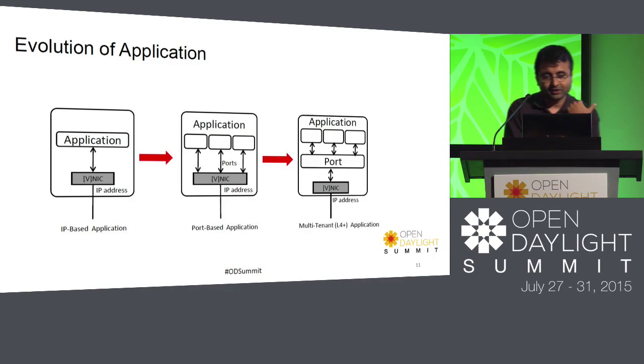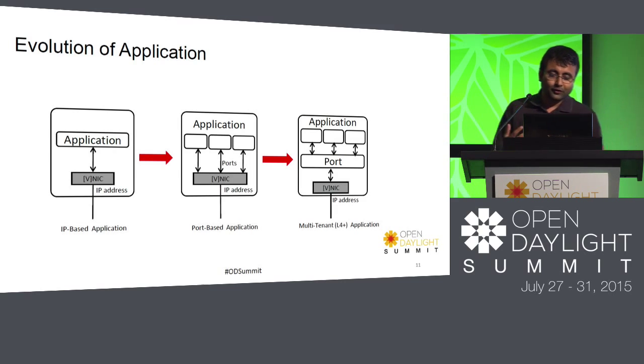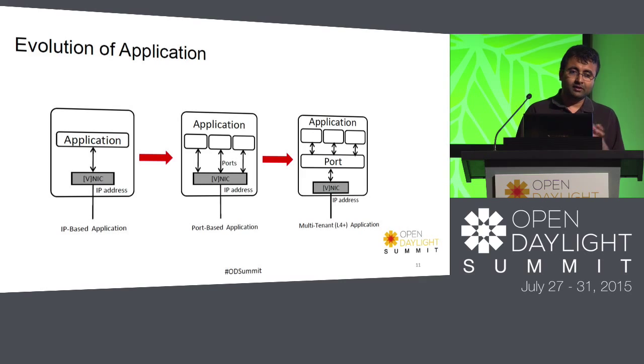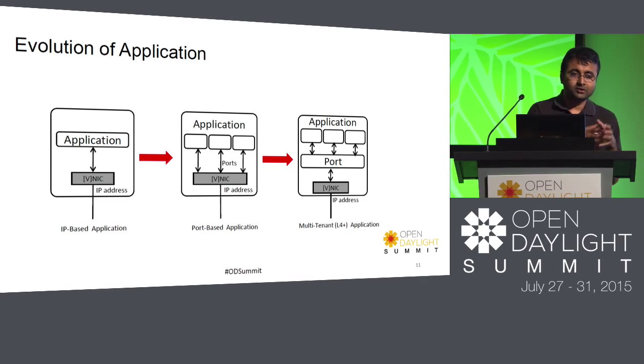So, multi-tenant applications. Let's talk about how applications have been evolving over time. In the case of a single-tenant-aware application, you have an instance of the application running inside a virtual machine or a physical machine, you assign an IP address to it, and you give that IP-based application to a tenant.